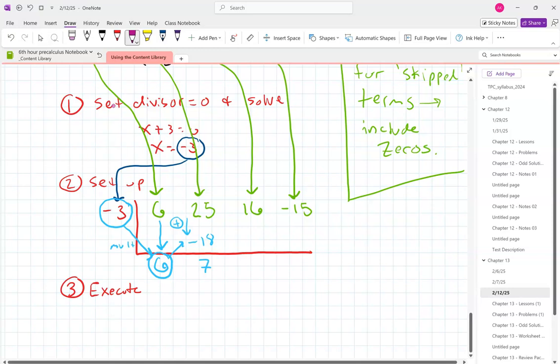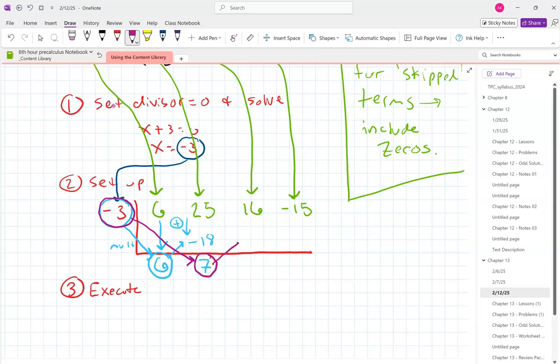And then I just keep repeating that process until I am out of spots to put things.